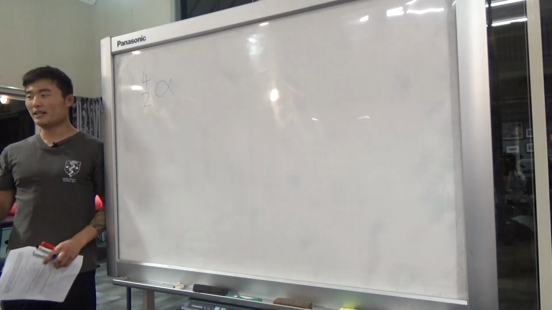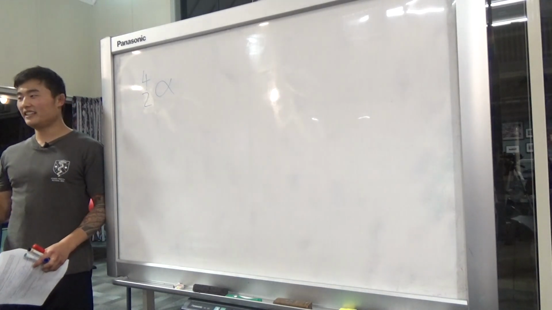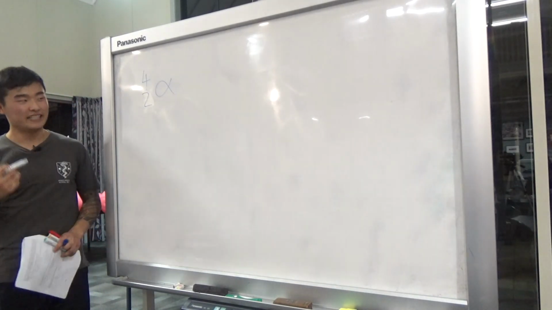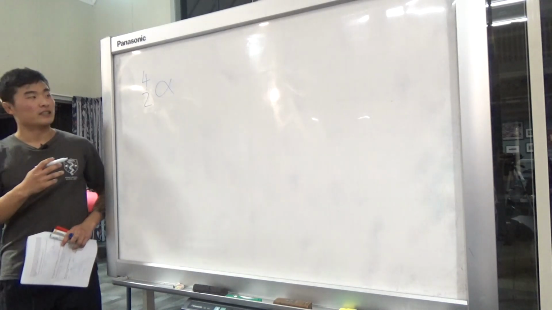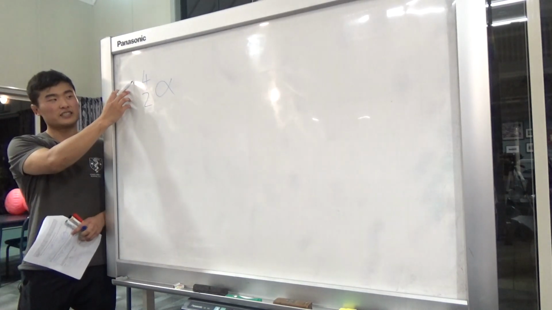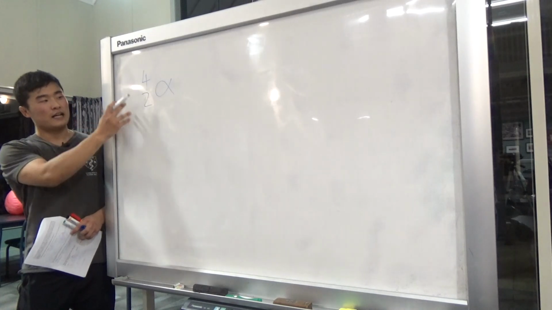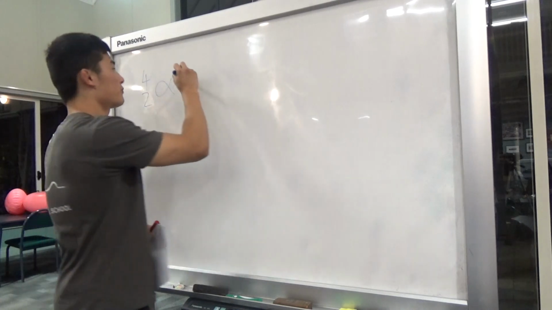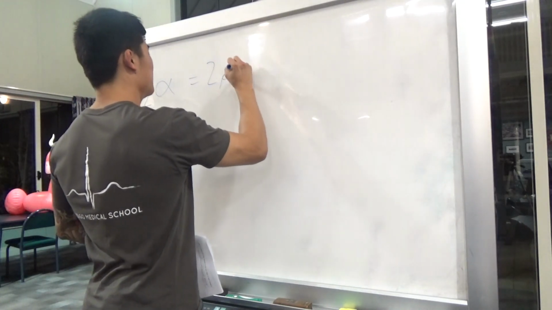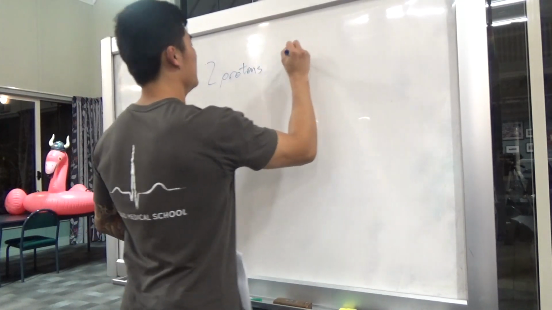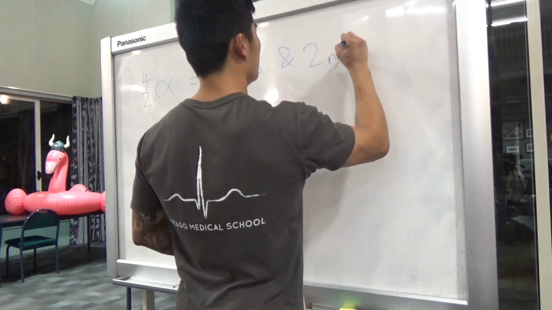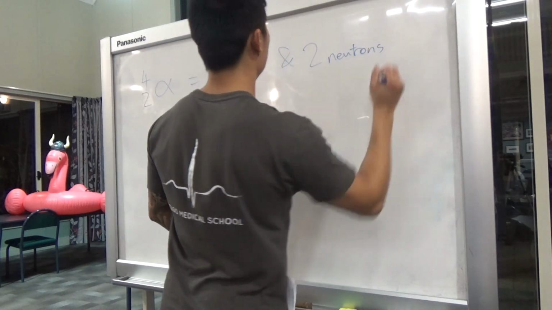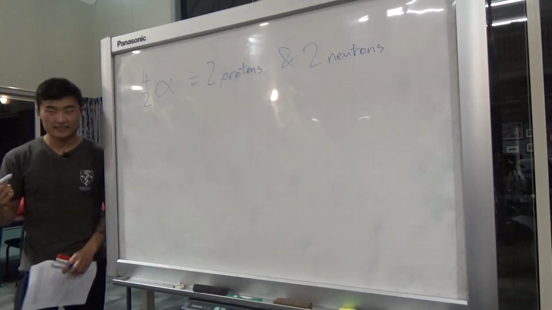It's basically a helium atom without the 2 electrons. Okay, so a helium atom would have 4 nucleons, so 4 neutrons and protons, and it's got 2 protons, so it must have 2 neutrons. So it's basically 2 protons and 2 neutrons. Okay, so that's what an alpha particle is.